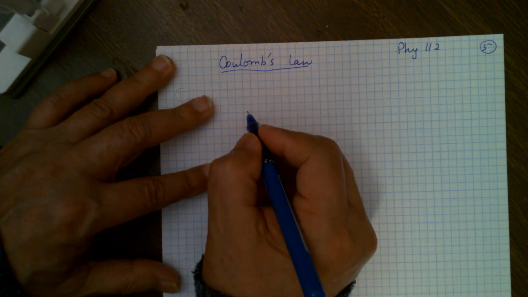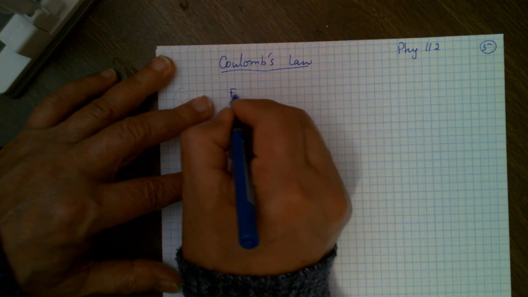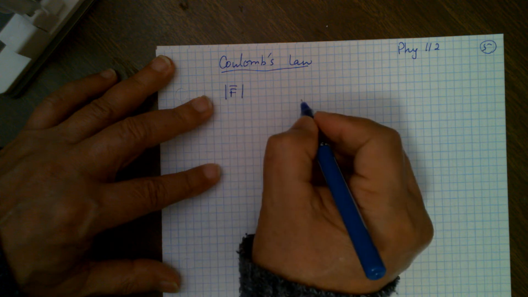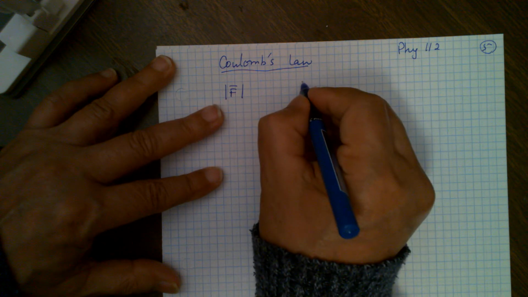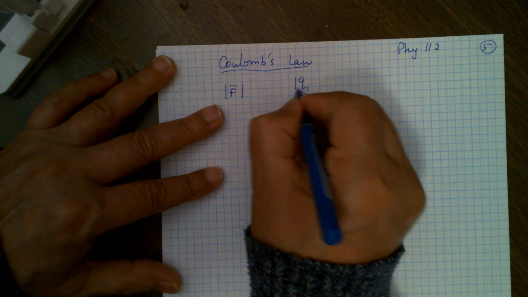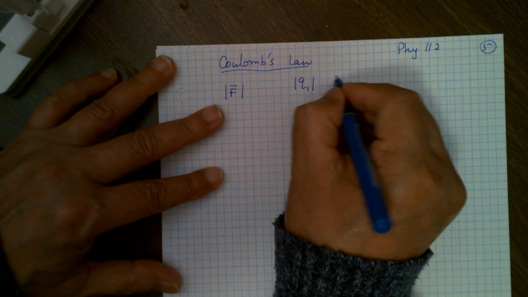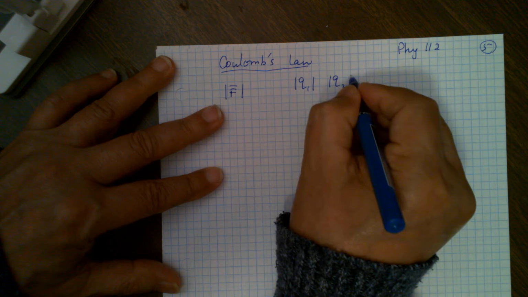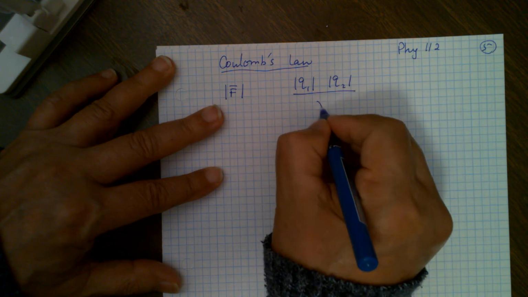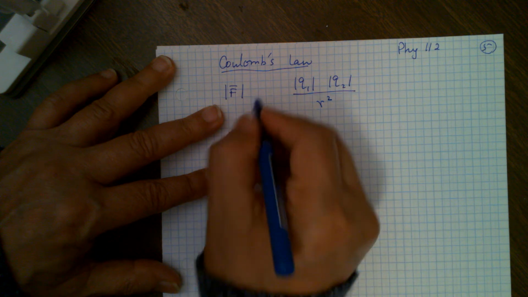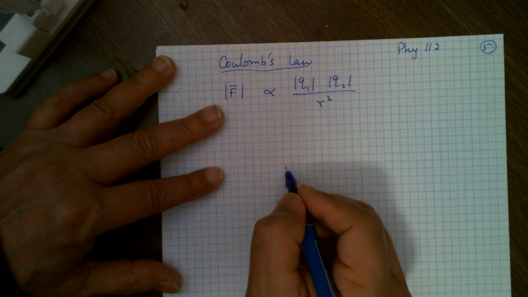Coulomb's law tells you that the magnitude of the force between two charges is proportional to the magnitude of the first charge times the magnitude of the second charge, divided by their separation distance squared. That's the proportionality sign here.